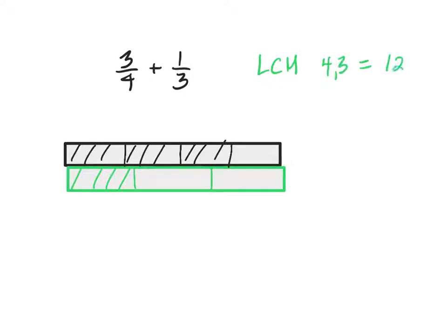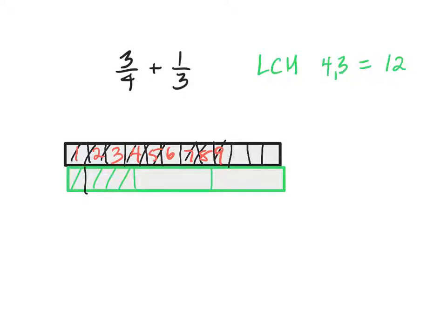That's 12, right? So I need to find a way to split each of these wholes into 12s. So if I have 4 up here, I need to split them into 3, right? 1, 2, 3, 4, 5, 6, 7, 8, 9, 10, 11, 12. So here I have 1, 2, 3, 4, 5, 6, 7, 8, 9 12ths, right? And then when I do the same for the bottom, let's see, these are thirds.